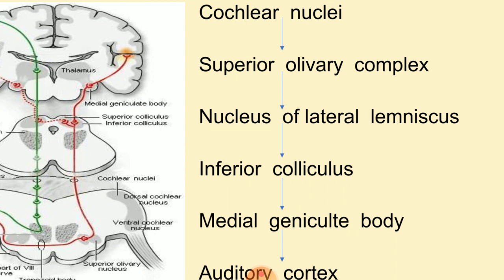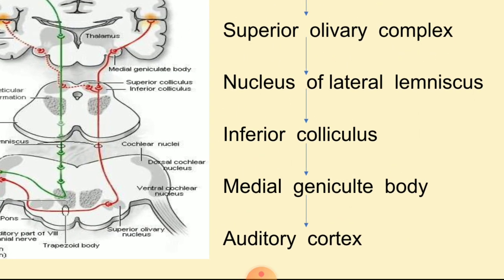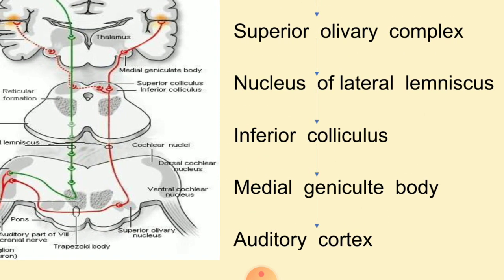The superior olivary complex then terminates on the nucleus of the lateral lemniscus. Then it runs upwards further to the midbrain in the inferior colliculus, from there to the medial geniculate body of the thalamus, and the thalamic projection thereafter reaches the auditory cortex.